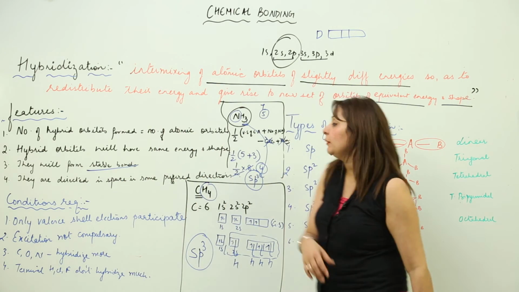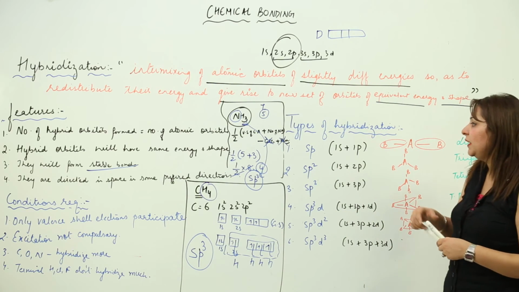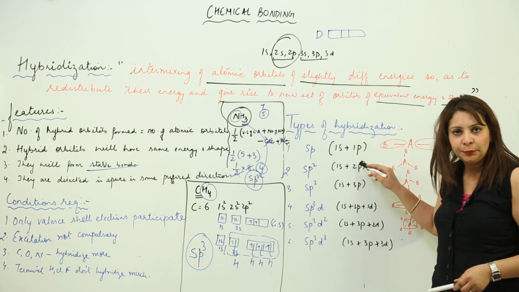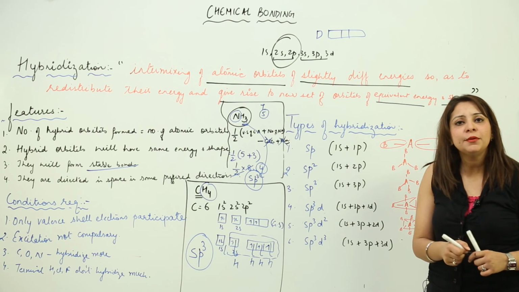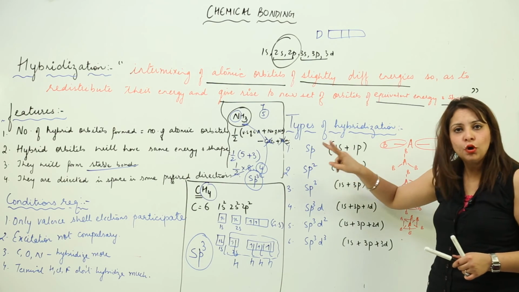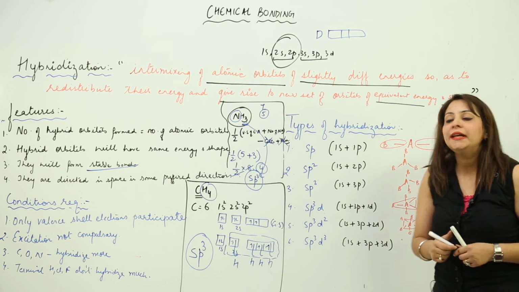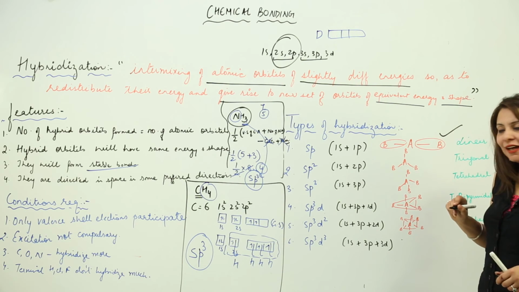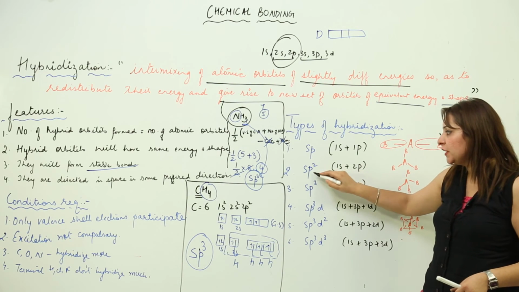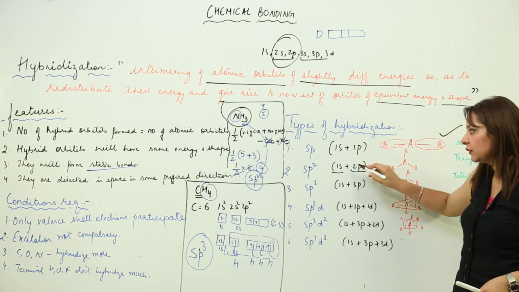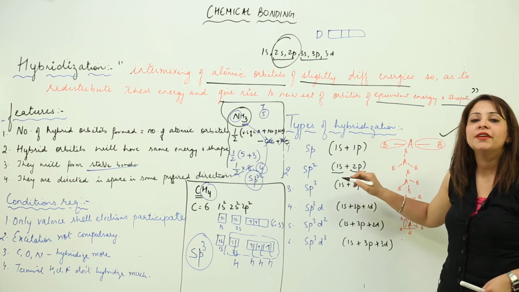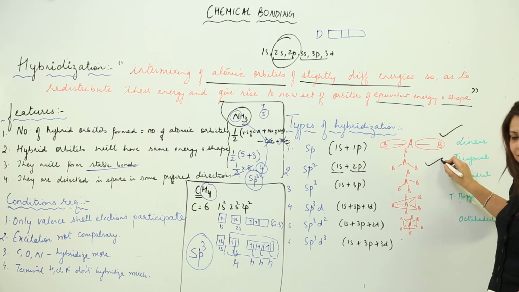When I talk about sp hybridization, it is the intermixing of 1s and 1p. And you know what the shape is going to be? It is 1 and 2 orbitals, so it will give rise to a linear geometry this way. Likewise sp2, 1s and 2p, a total of 3, so they will give rise to a trigonal geometry like this.